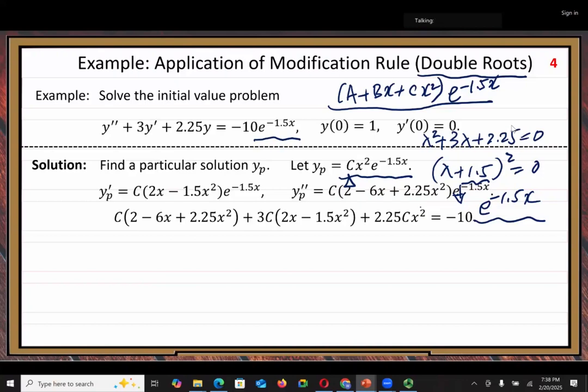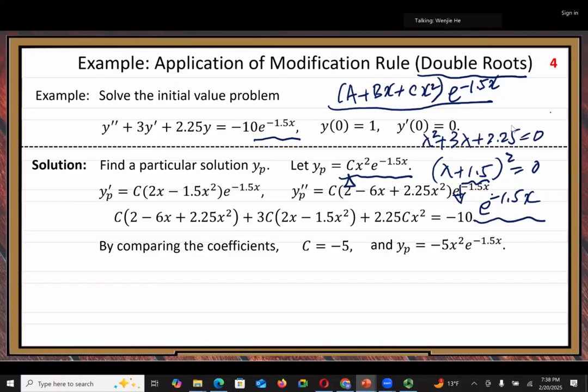Yes, you need to do the characteristic equation first. That's correct. All right, so then we keep going, we find c equals -5, so then we find yp. But before you do that, you need to calculate lambda first: single root, double root. Then, which yp structure you should choose.